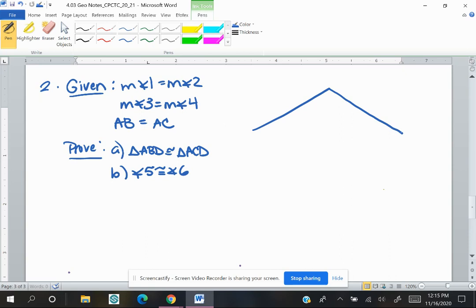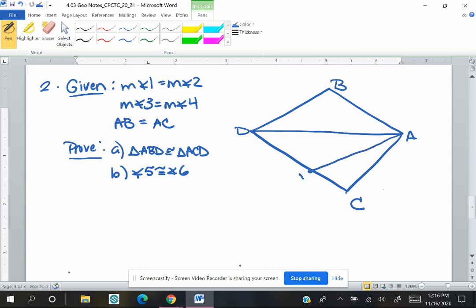So you need to know what those angles are. So I'm going to draw you a picture. Again, not drawn to scale, definitely not drawn perfectly. Just for you to get an idea of where each letter is and what's going on in your picture. The only things that you can assume that are true are in your given.